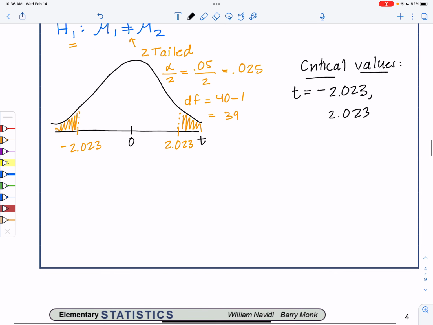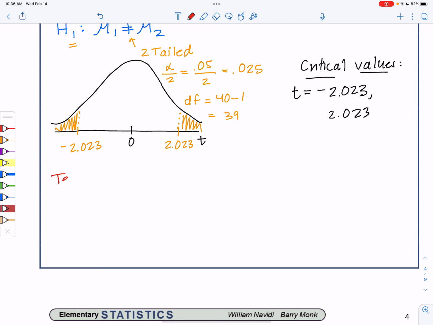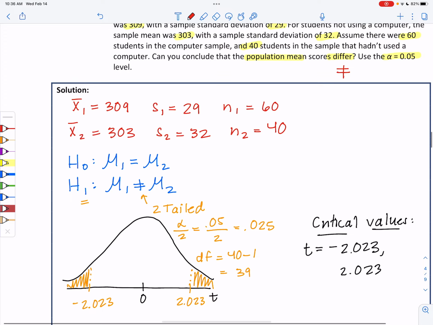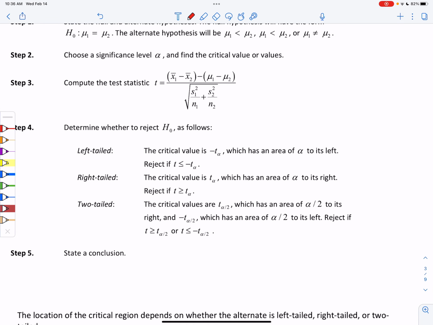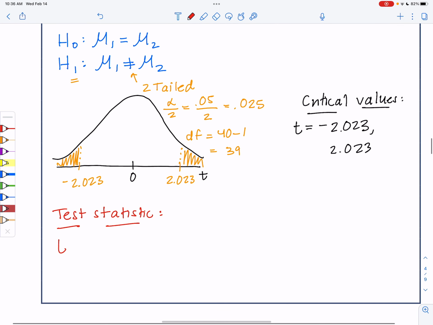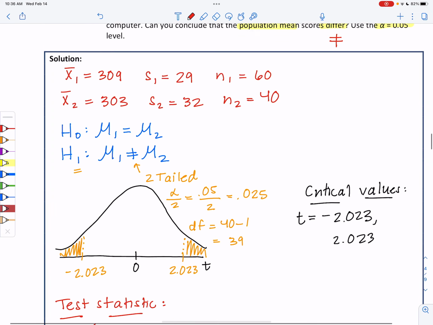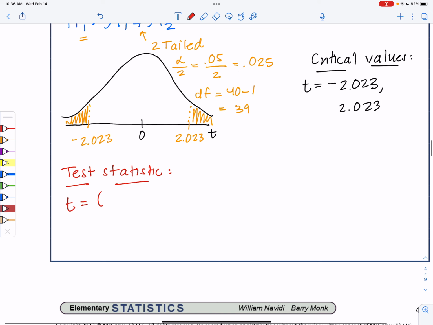All right, to make my decision, I'm going to need to calculate my test statistic. We've got our formula defined right up here. We start by looking at the difference between the sample means. X bar 1 was 309, X bar 2 was 303.